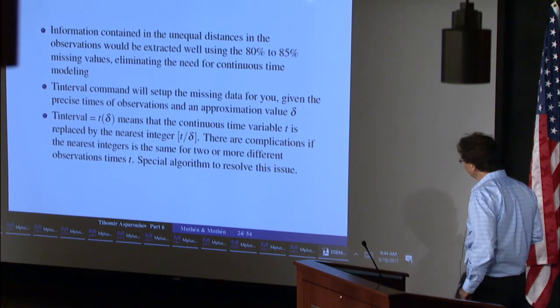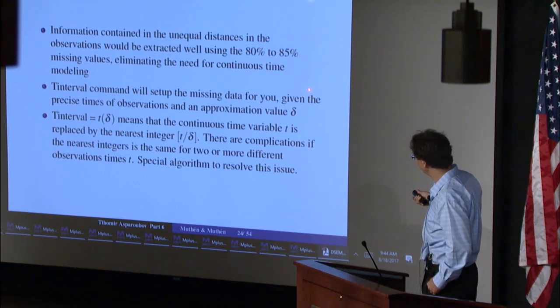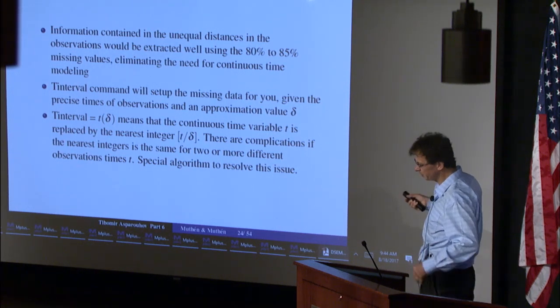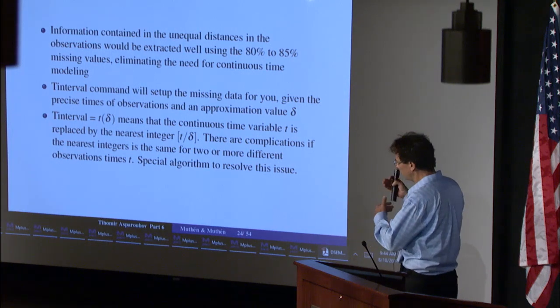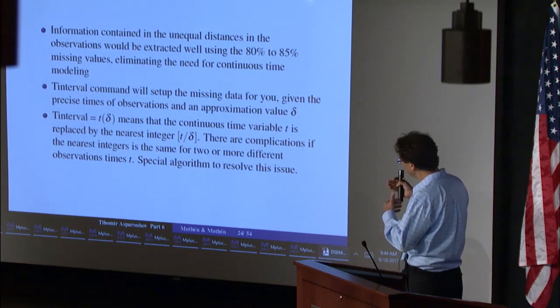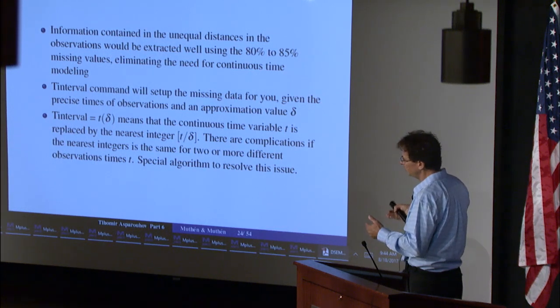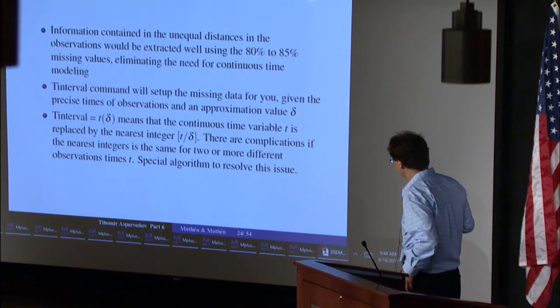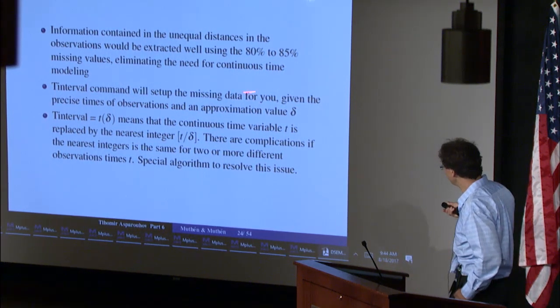The other argument is that if you include that amount of missing data in missing rows, you will probably be able to extract that level of information from the time of observation. So with that amount of missing data, you can approximate fairly well the real times of the observations. And we also implemented that in the t-interval command.